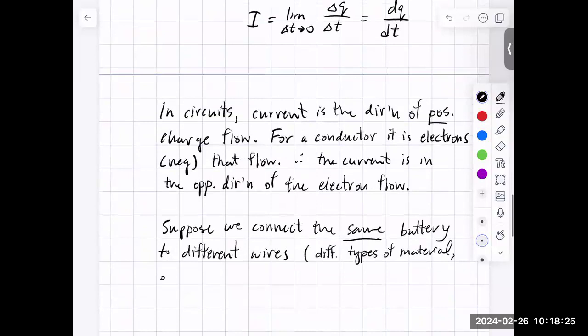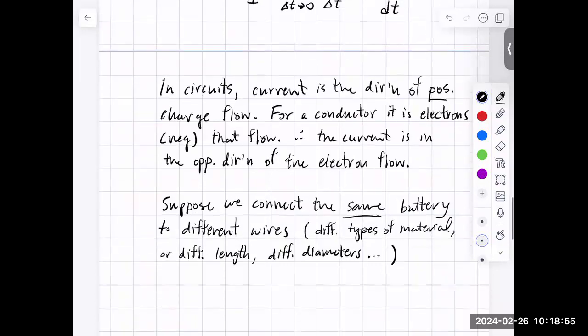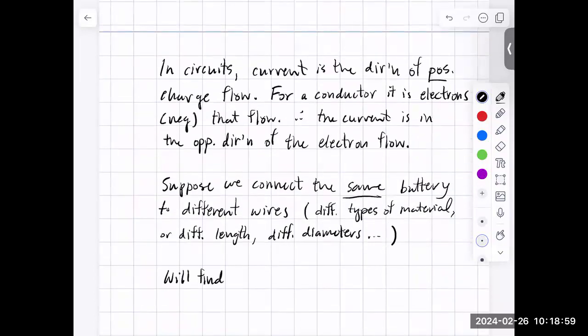Or maybe they have different lengths or different diameters, and maybe you could think of other things you might change. If you did that experiment, what you're going to find is that every time you change one of those parameters, either the type of material, the length of the wire, or the diameter of the wire, we'll get a different current for the same voltage.